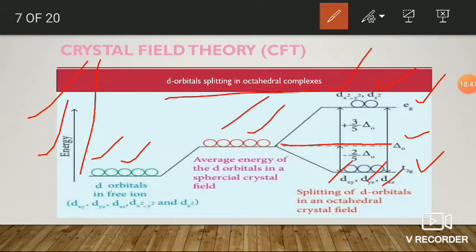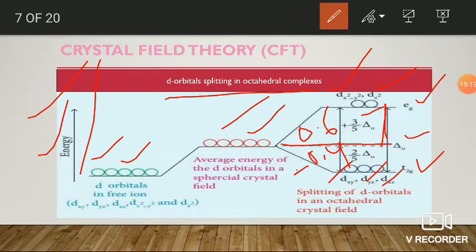The higher energy gained by the EG set is 3/5 Δo, that is 0.6 Δo. The lower one is minus 2/5, which is minus 0.4 Δo.